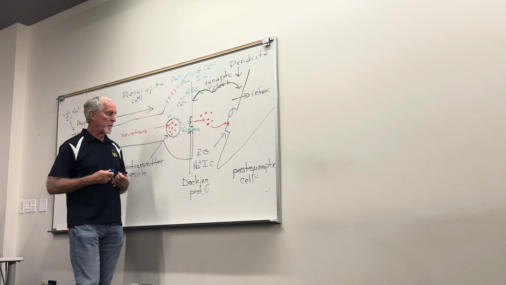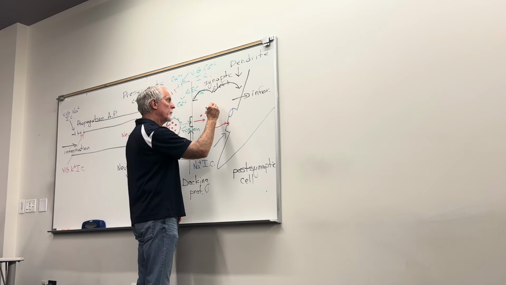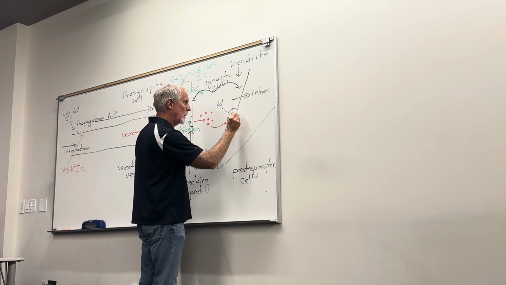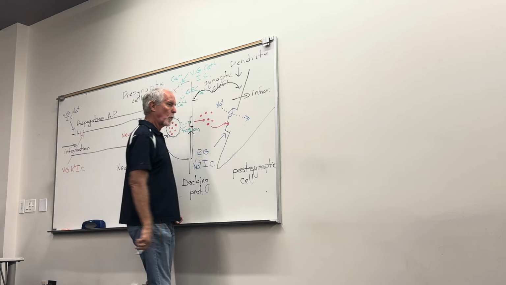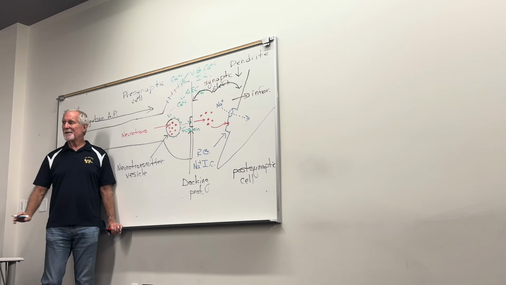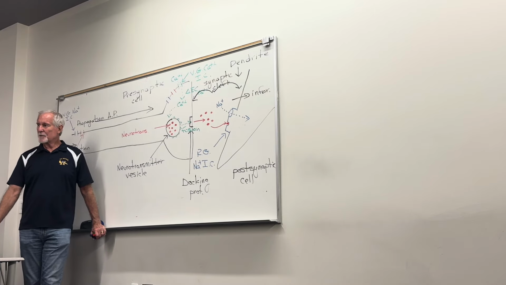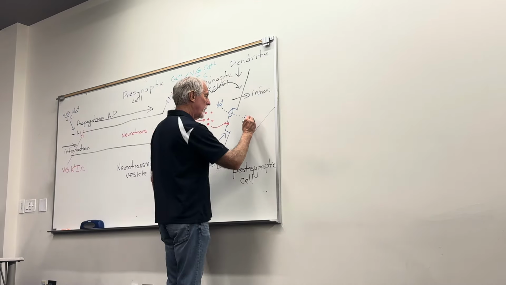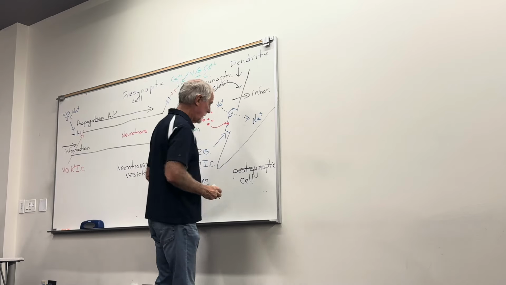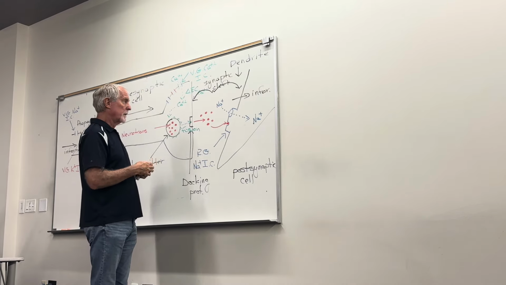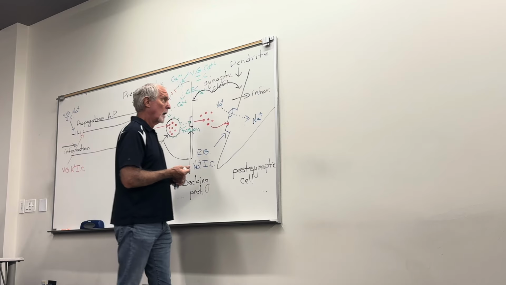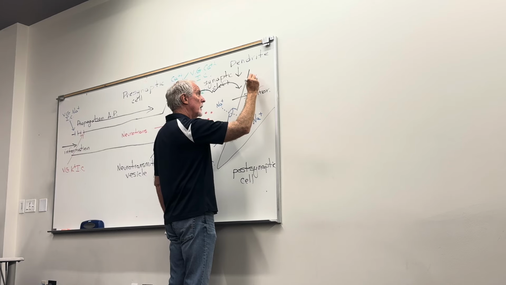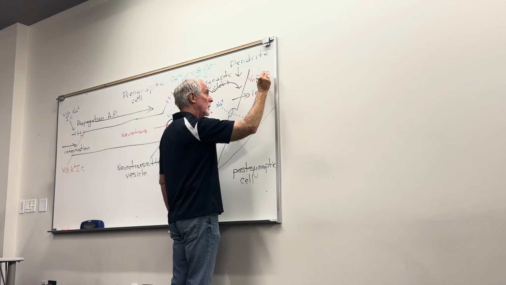And now you would tell me that sodium ions will flow into this cell according to, I say this ad nauseum, the electrochemical gradient for sodium. And to keep things consistent, we're going to say that in this postsynaptic cell, the resting membrane potential is minus 70 millivolts.